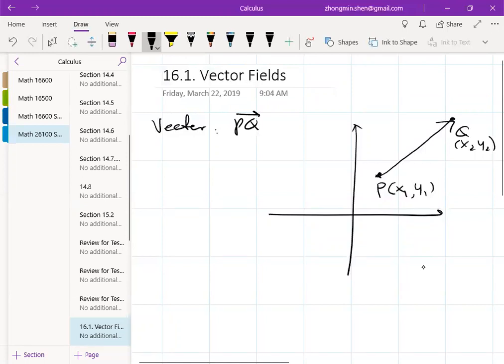But sometimes you don't care where the vector is located. If you already know the starting point, then the vector can also be described using just one pair of numbers.